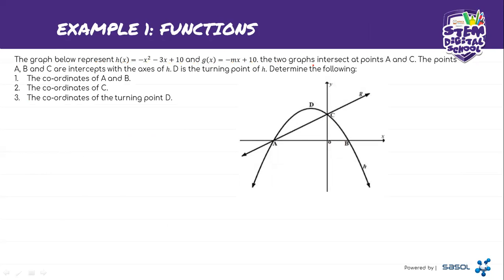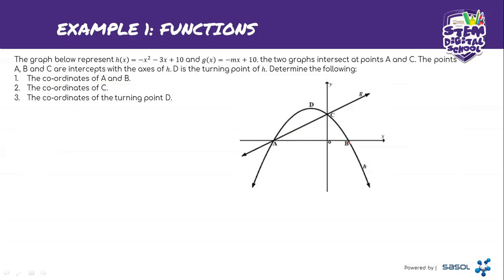The two graphs intersect at points A and C. You can see the two graphs, point A there and point C there. The points A and B are intercepts with the x-axis of h. D is the turning point of h. Determine the following: the coordinates of A and B.